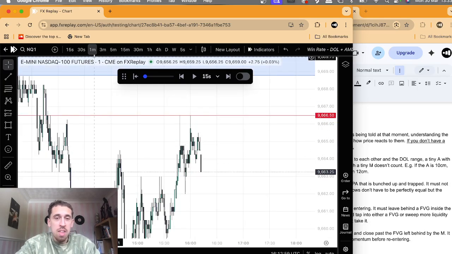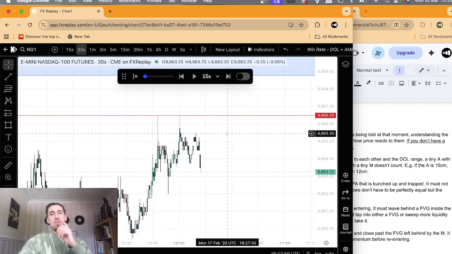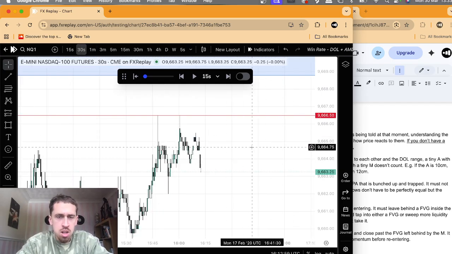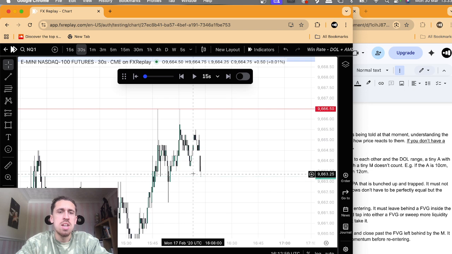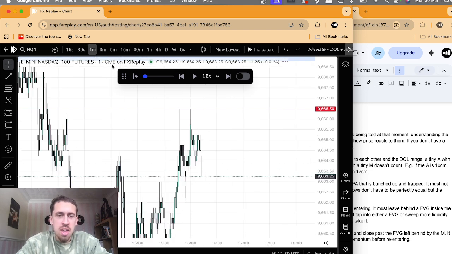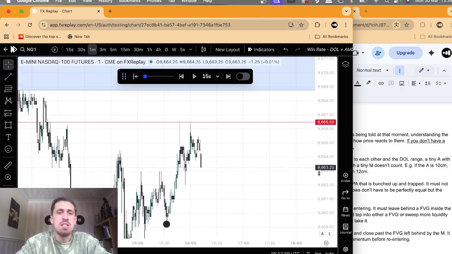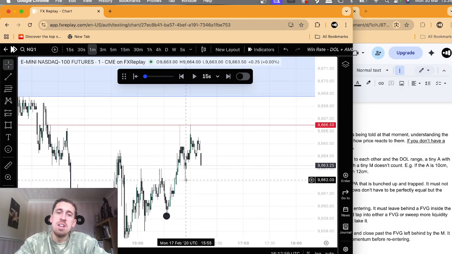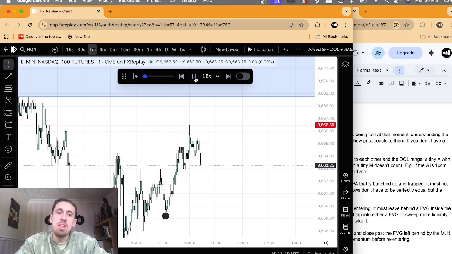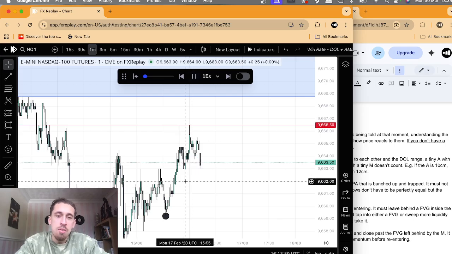The interesting part of that is, I think it's okay to say that there's a minimum time frame for protected lows.